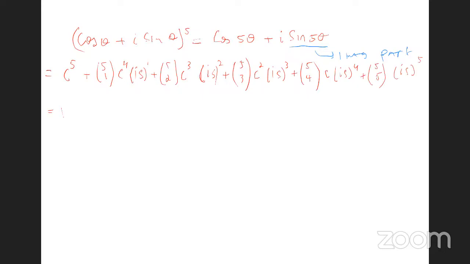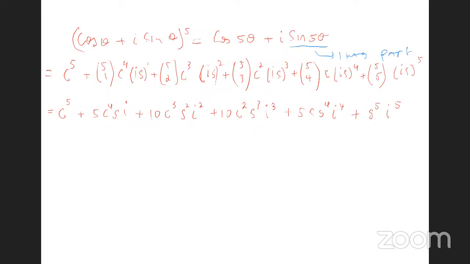Right, so here you will get C^5 plus 5 C^4 S i, plus 5C2, that's 10, C cubed S squared i squared, plus 10 C squared S cubed i cubed, plus 5 C S to the 4th i to the 4th, plus S to the 5 i to the 5.